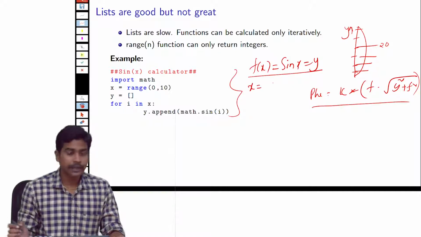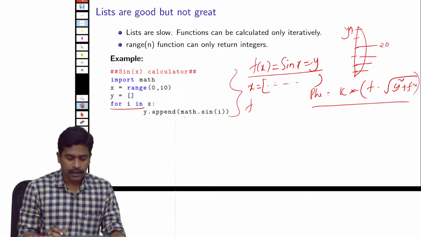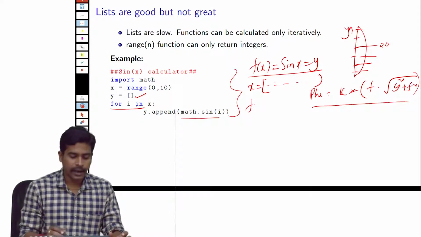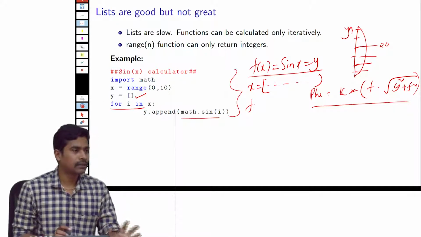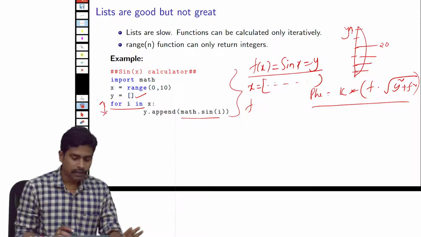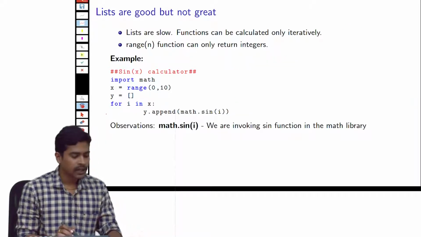In order to calculate this, we are taking x values from 0 to 10, using a for loop, and on each iteration we calculate the value sin x and append it to y. This is easy to write, but it takes a lot of time, especially these two lines.